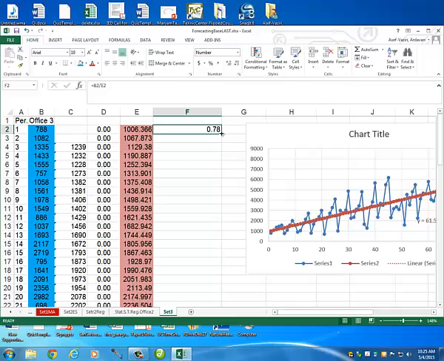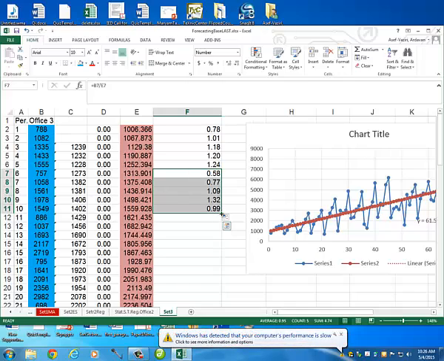So this is my seasonality index. This is seasonality index of period 1, period 2, 3, 4, 5. This is for the next 5 periods. See? Low season, a little bit more than low season, high, and going back to close to low.